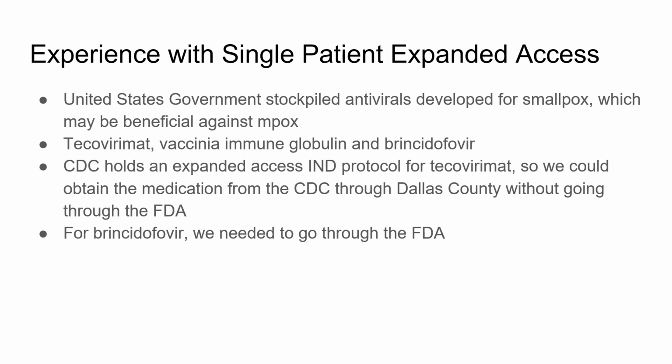These include tecovirimat, vaccinia immune globulin, and brincidofovir. The Centers for Disease Control holds an expanded access IND protocol for tecovirimat, so we could obtain the medication from the CDC through Dallas County without going through the FDA. For brincidofovir, however, we needed to go through the FDA.